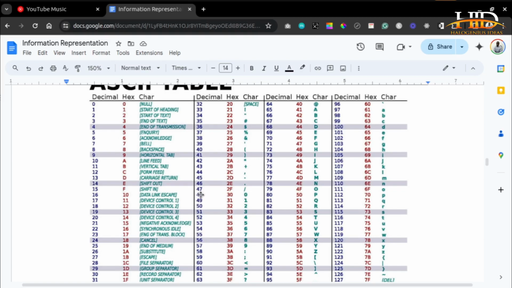It will just convert this 48 to binary, and the binary equivalent is what is going to be storing this 0. If you come to 65, you have capital A. It will just convert this 65 to binary, and that is what is going to be the representation for A. If you want to represent K, for example, K is 107. It will just convert 107 to binary, then that will be the representation for K.